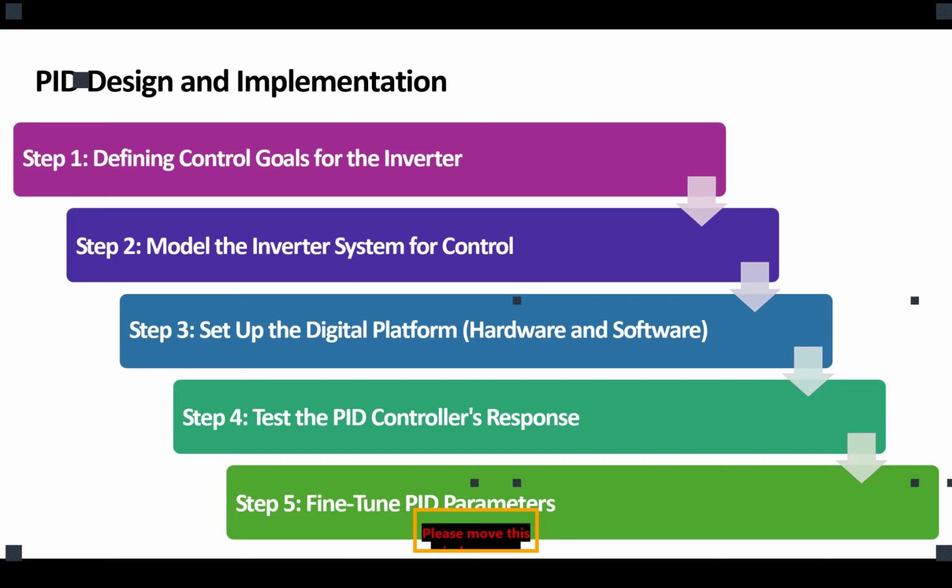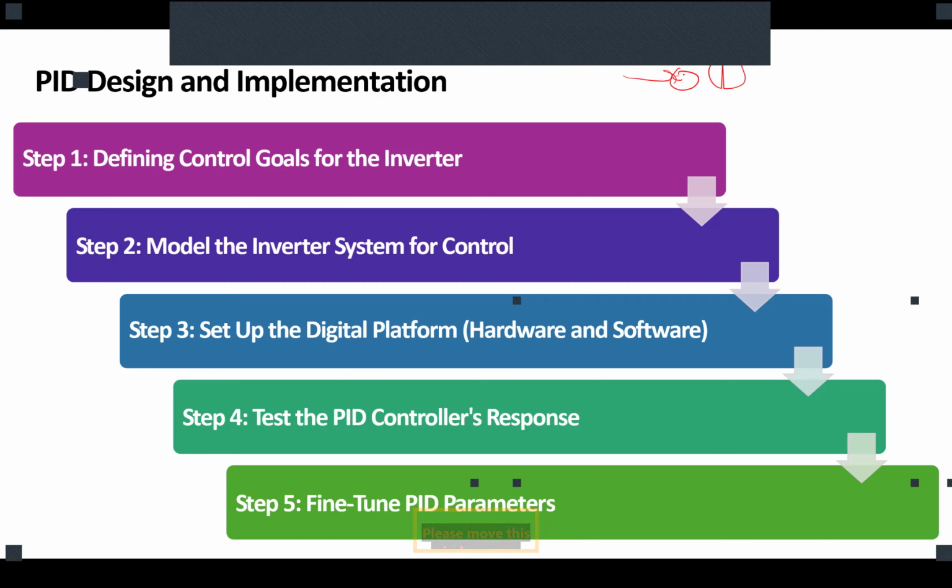Your PID is a closed loop. This is your controller. This is the error. This is your PID. This is your system. And this is going to be your output, which is going to come back to the error.